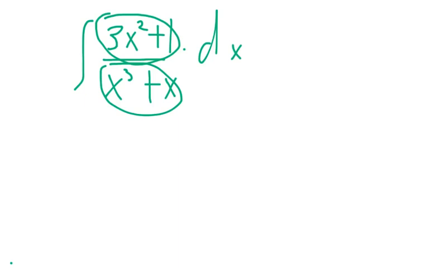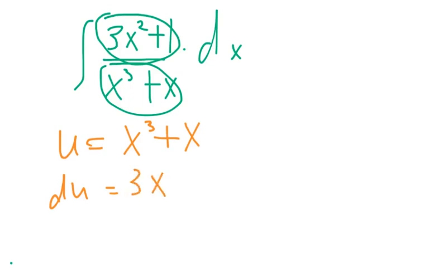So that tells you that you can do a u substitution. So our u is going to be x cubed plus x, and our du will be 3x squared plus 1 dx.